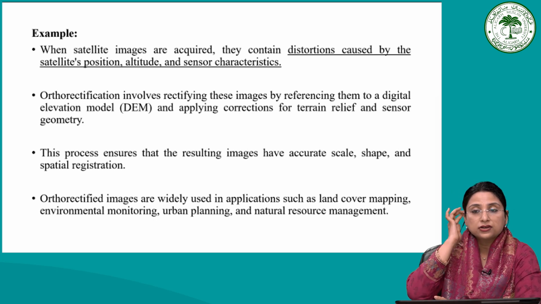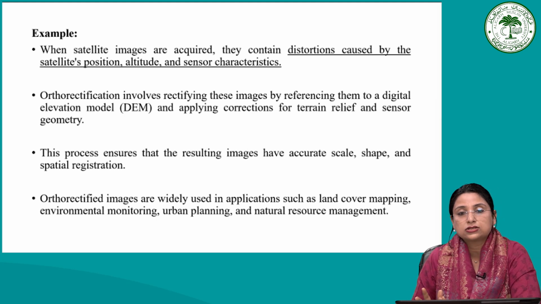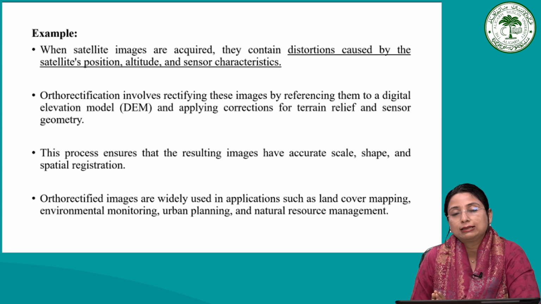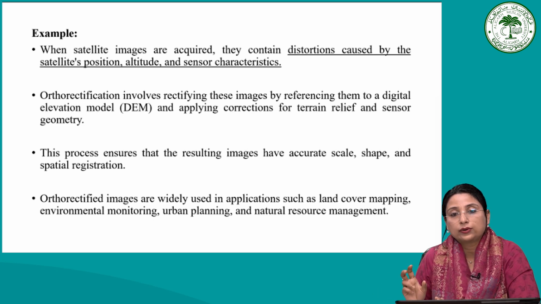So orthorectification involves rectifying these distortions by referencing them to a pre-existing digital elevation model, and then applying the correction for terrain relief and sensor geometry. This process will ensure that the resulting image is accurate up to the scale, shape, and spatial registration.